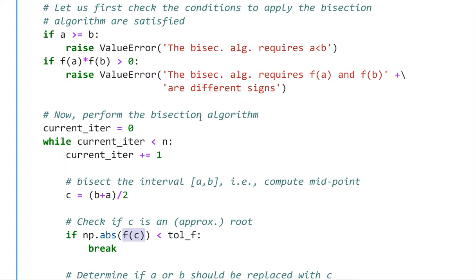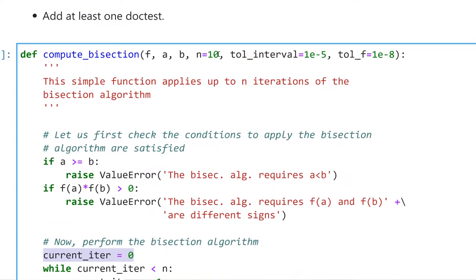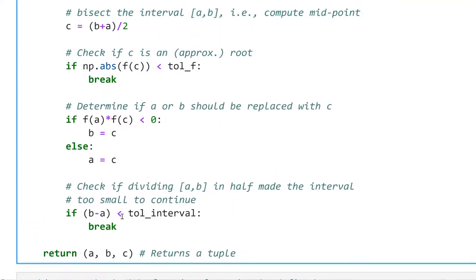So when we go to perform the bisection algorithm, the first thing we do is institute a counter. We're using a while loop because we'll go up to 10 iterations, but we might break out of this early. The current iteration starts at 0, just to track how many times this happened.